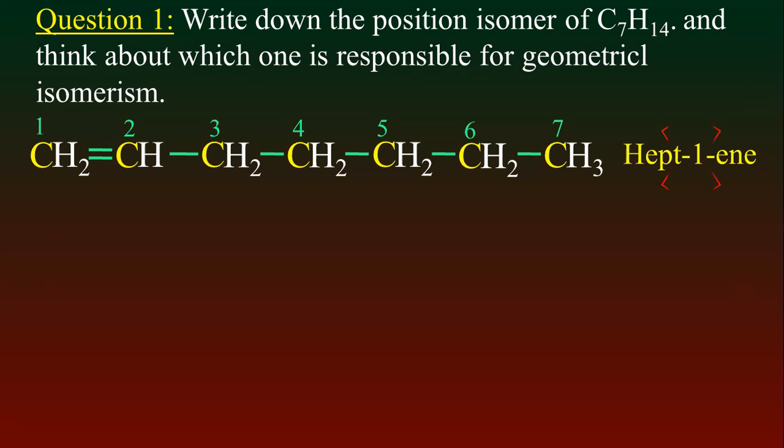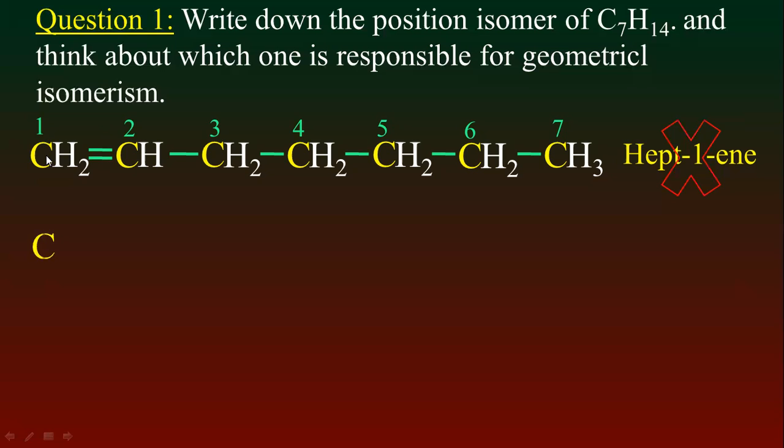The answer is no, because this compound has a carbon-carbon double bond, but the first carbon contains two similar groups, two hydrogens, while the second carbon contains two different groups, one hydrogen and the rest of the chain. But the first carbon contains just two similar groups. That's why hept-1-ene doesn't show cis-trans isomerism.